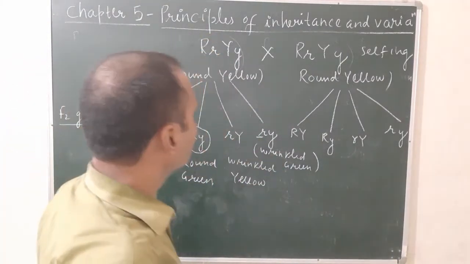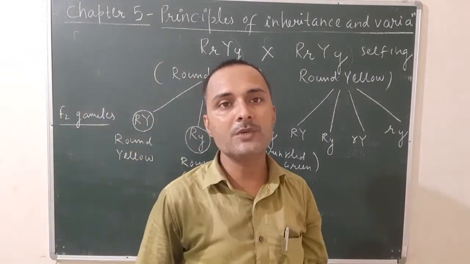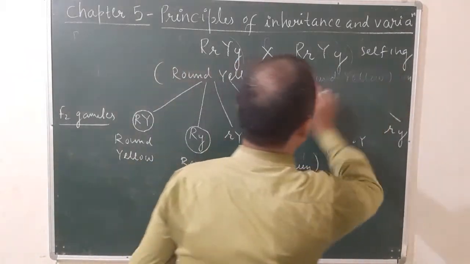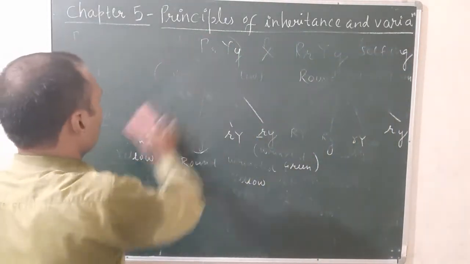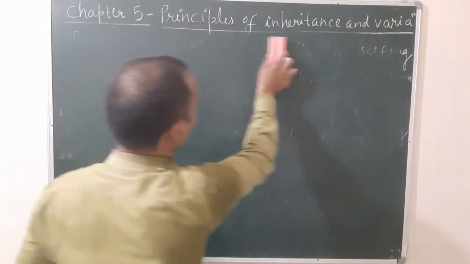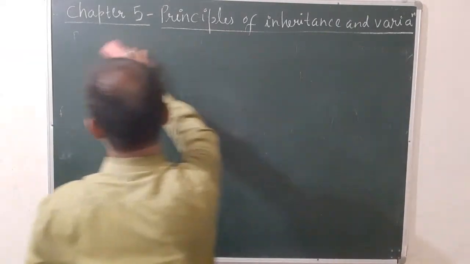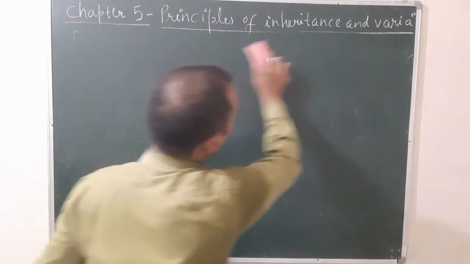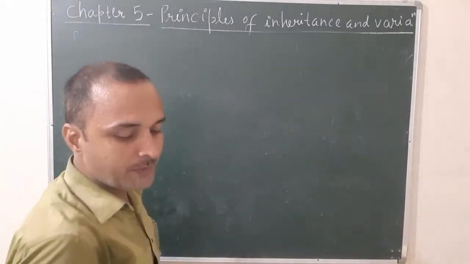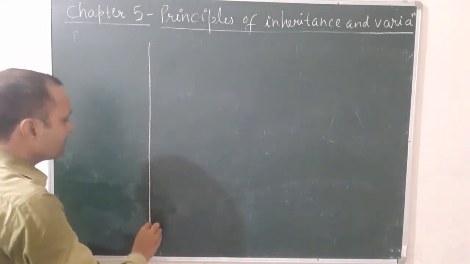Let us see the possibilities of the phenotypic ratio and genotypic ratio in the F2 generation. For this you have to draw a unit square, and you can easily find out the F2 phenotypic ratio for the dihybrid cross, which is 9:3:3:1.